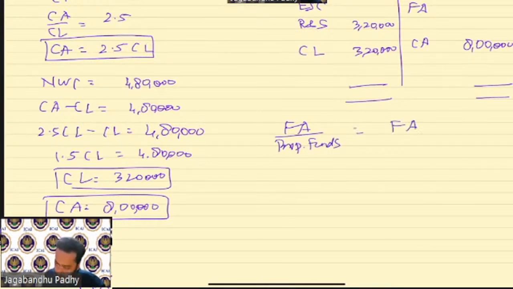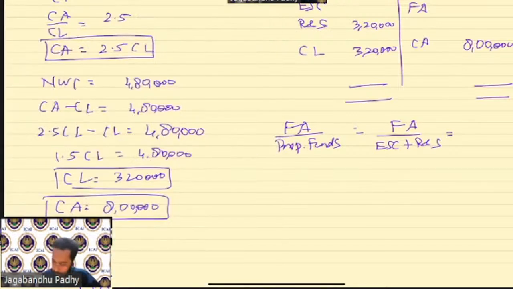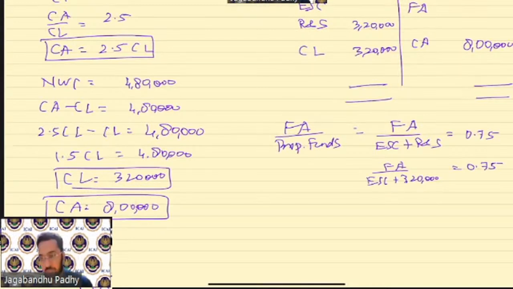Now, this is actually fixed asset upon equity share capital plus reserves and surplus. And this number is given to us as 0.75. So fixed asset upon equity share capital plus reserves and surplus of 3,20,000 is 0.75. So we'll have to solve it a bit by taking either of the values as x.